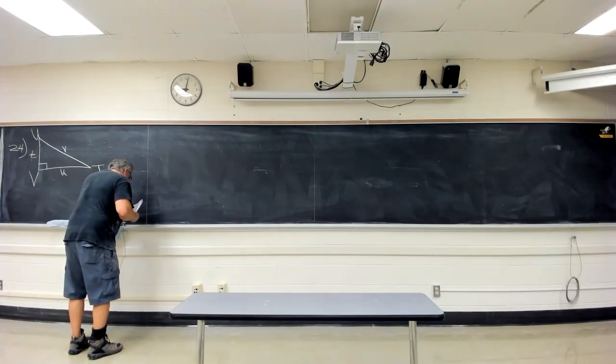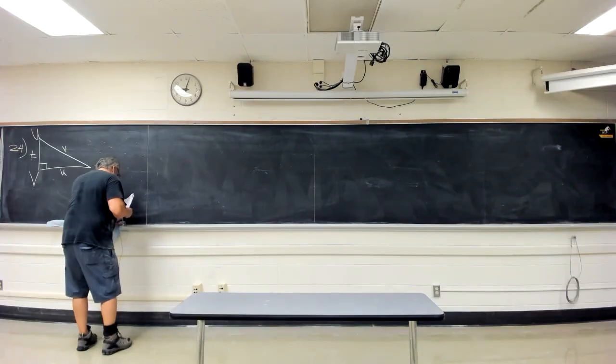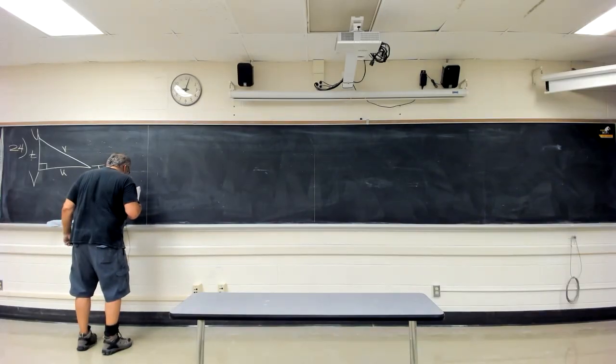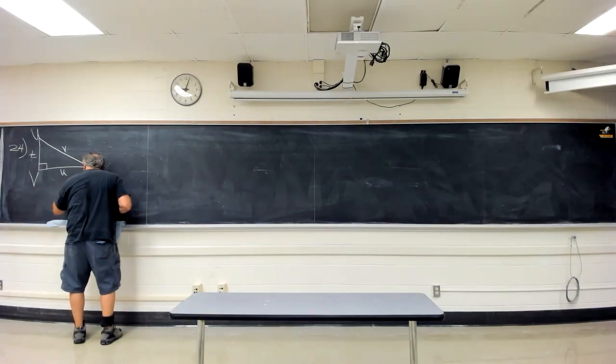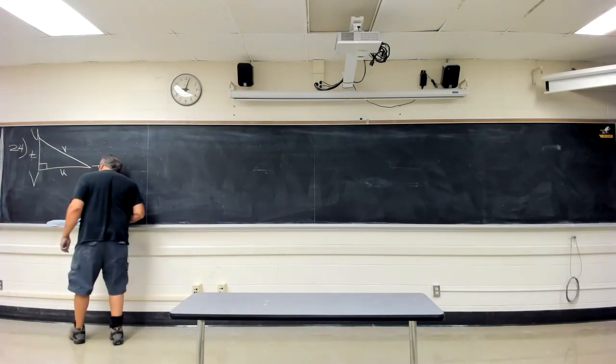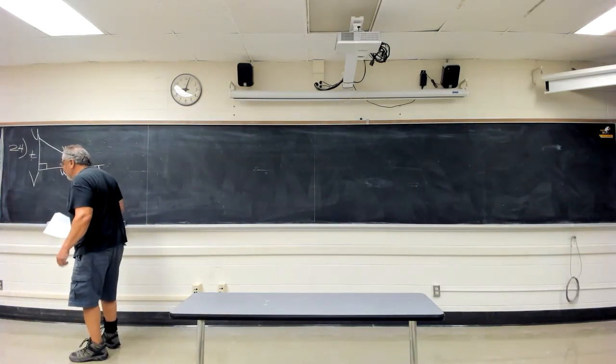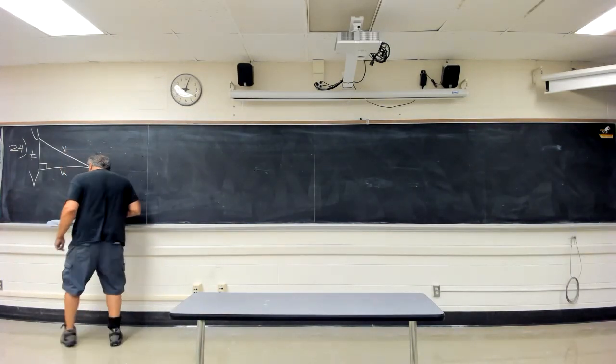Suppose that the measure of T does not equal the measure of U. They both have to be less than 90 degrees. So they're both complementary. Each is less than 90 degrees and they add up to 90 degrees, because the total has to be 180.